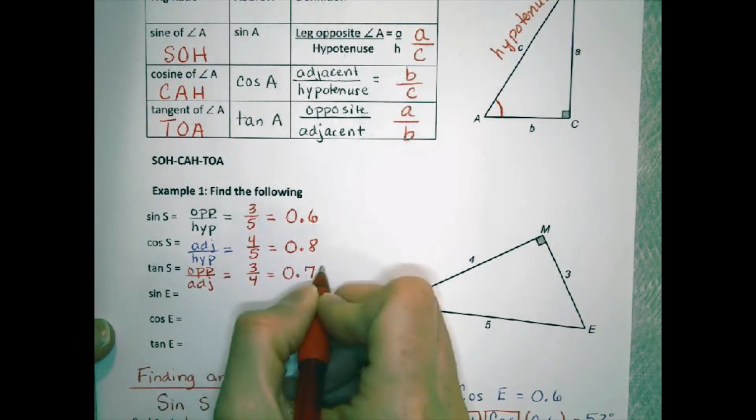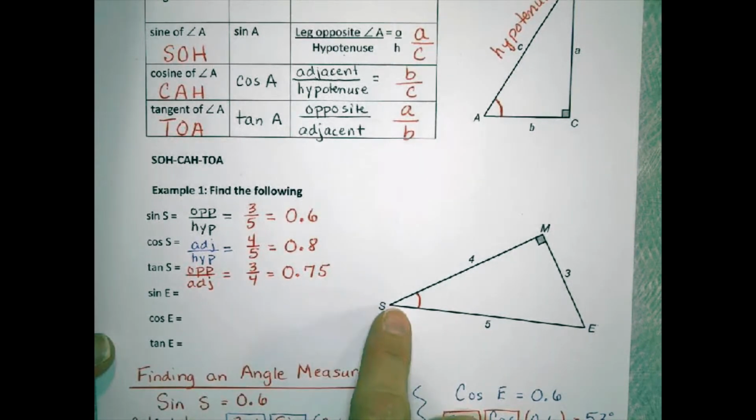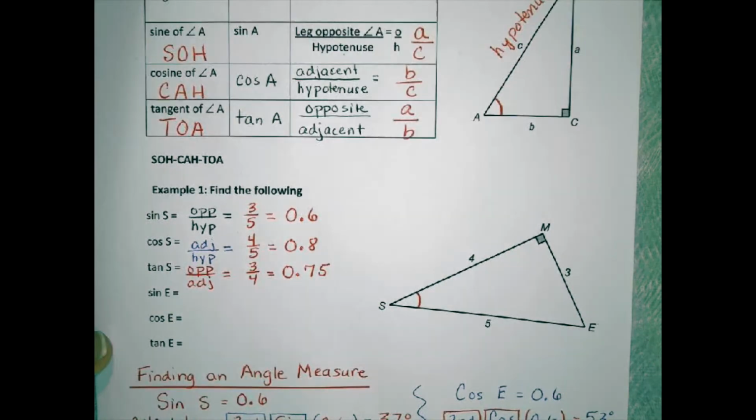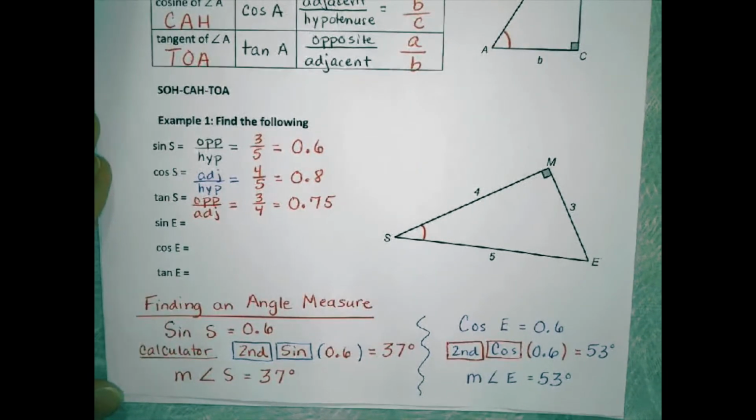At this point, you might be wondering, what am I going to do with these decimals exactly? That's nice, I can say I know the sine, but I still don't really know anything about angle S. This is where you can learn to use the inverse of the sine, cosine, or tangent to find an angle measure.